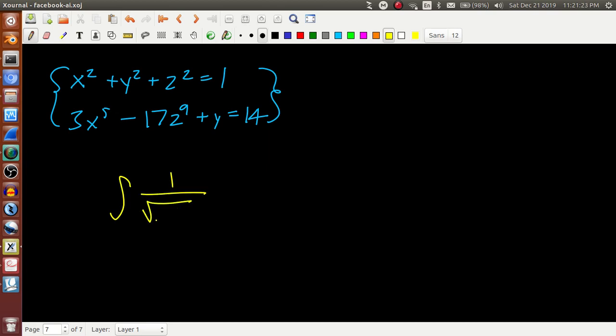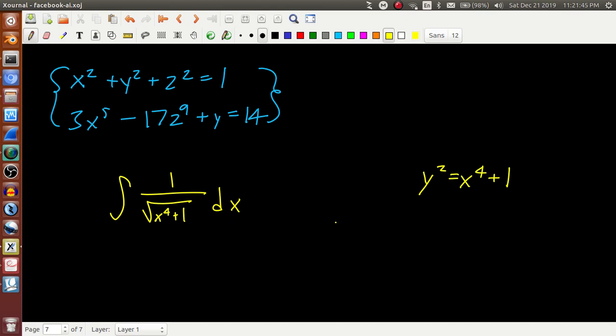Let's just say the integral of x to the 4th plus 1 dx. We're trying to simplify this integral. And the way I'm going to simplify this integral is I'm going to introduce, first of all, a polynomial equation, y squared equals x to the 4th plus 1. So y is then the square root of x to the 4th plus 1.